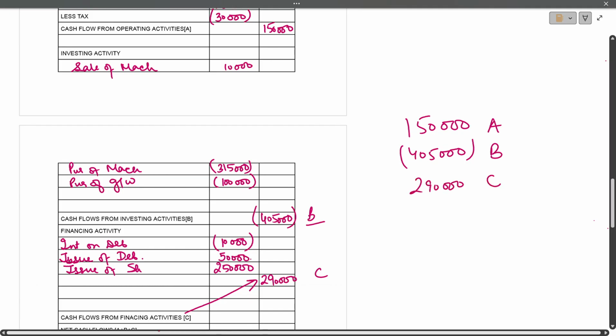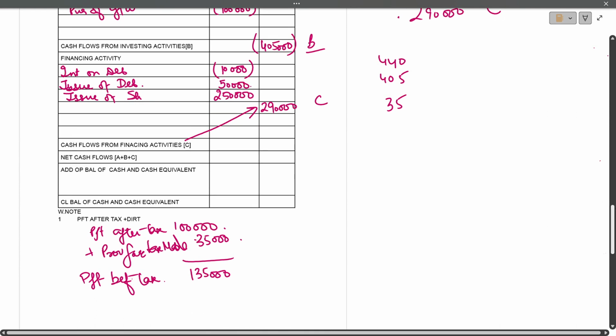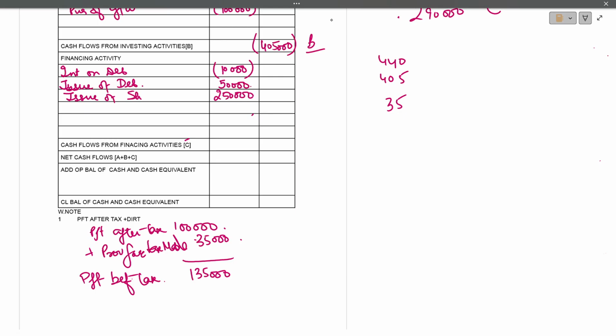That's my C. So when I do the total, 2 plus 1, 3, 4 lakh 40 minus 4 lakh 5,000 is 35,000. So my A plus B plus C, I am just changing the place of this one. This C should be here, 2,90,000.